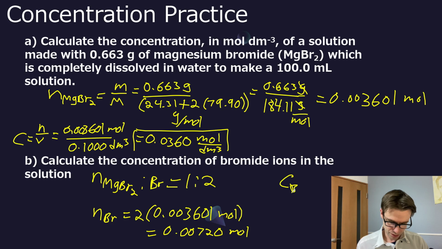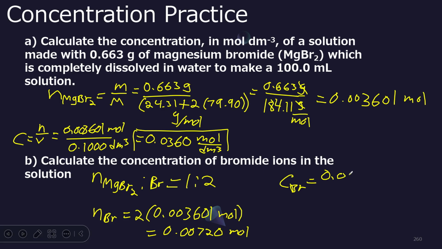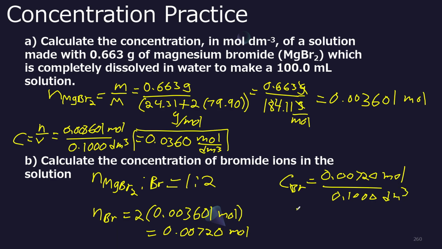So the concentration of Br is equal to that number of moles, 0.00720 mole, divided by 0.100 decimeter cubed. 0.0720 mole per decimeter cubed.